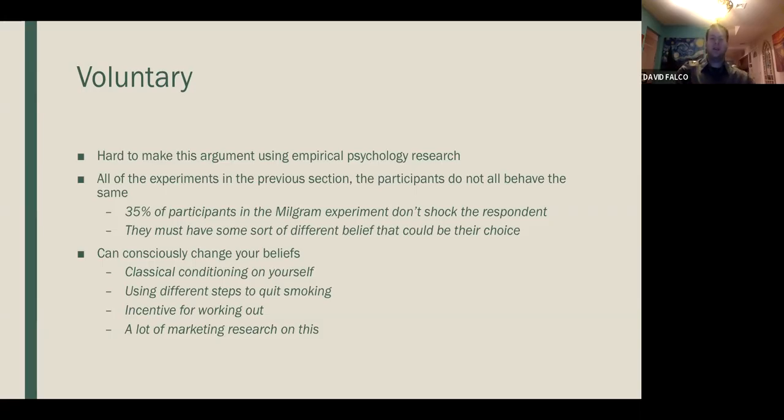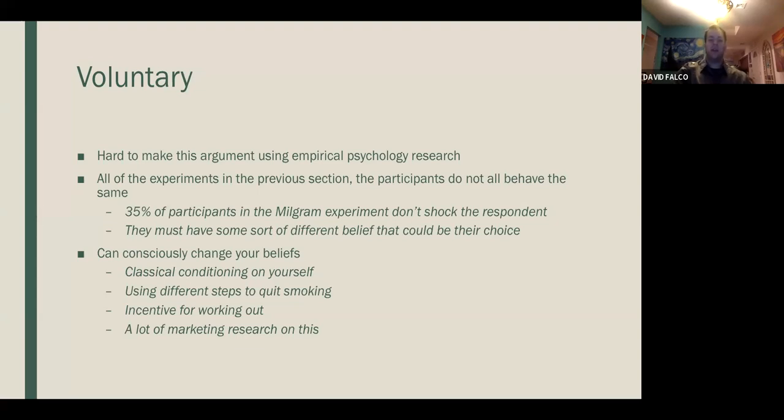As I was saying before, this is really hard to make using just empirical psychology studies. However, in all of these studies, not 100% of participants fall victim to the manipulation. For example, in the Milgram experiment, 35% of the participants generally don't shock the respondent to a lethal dosage.